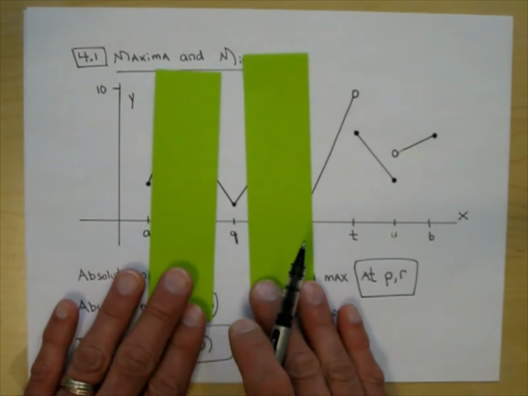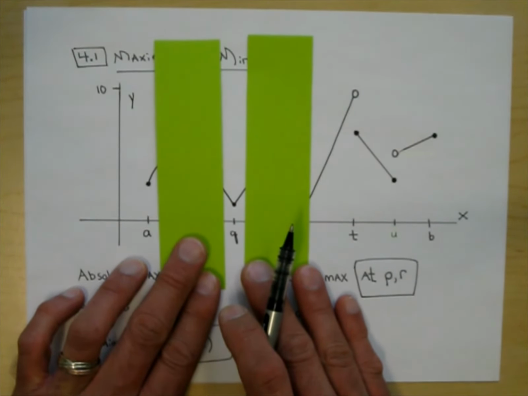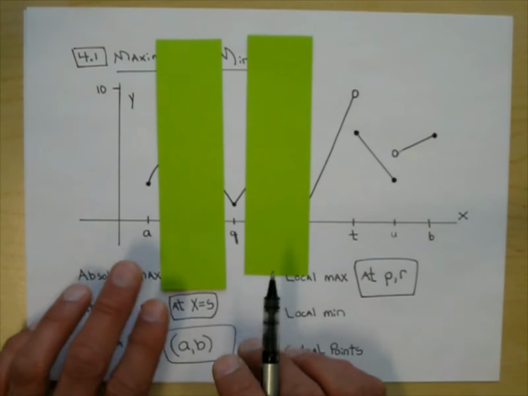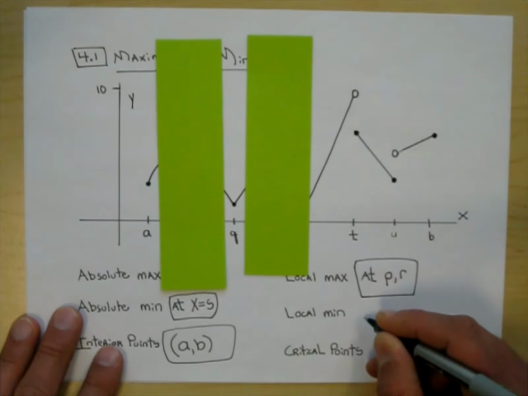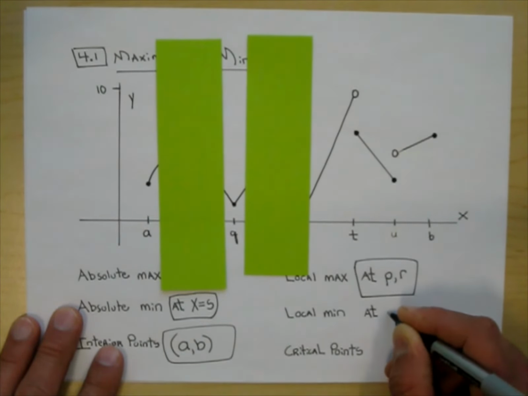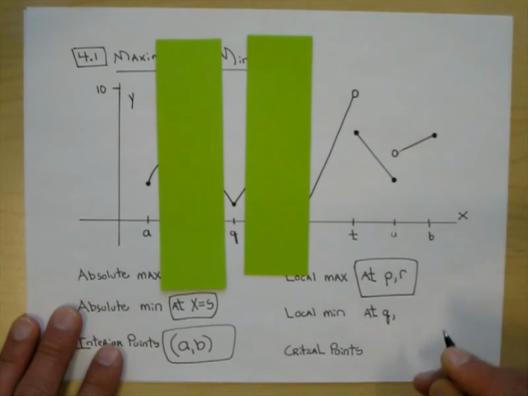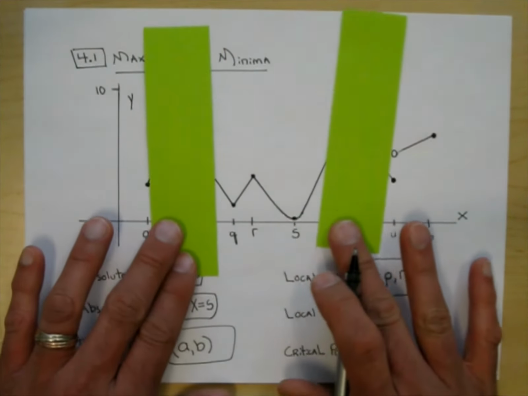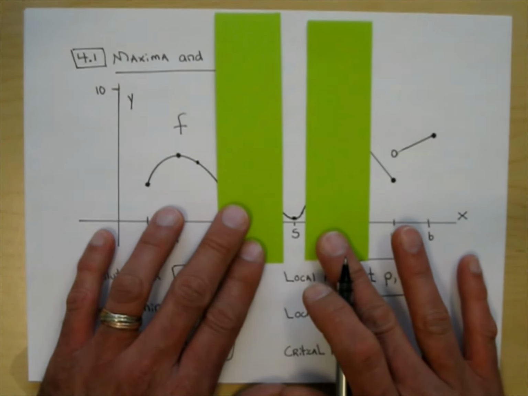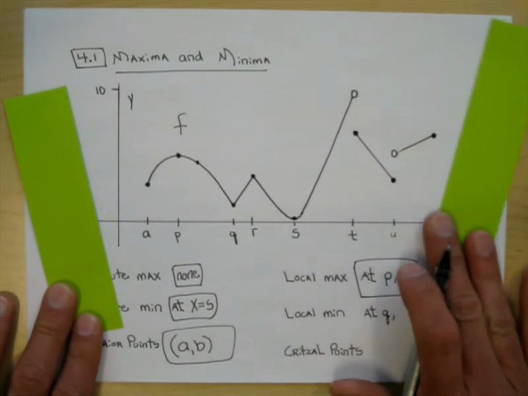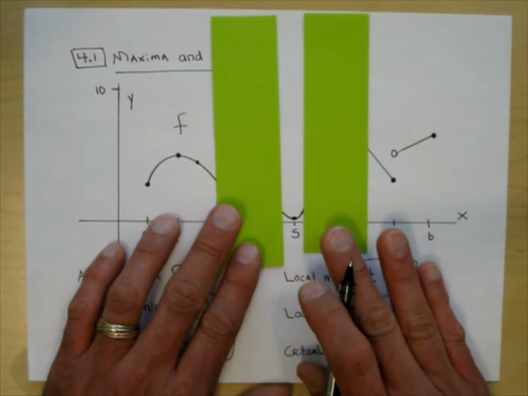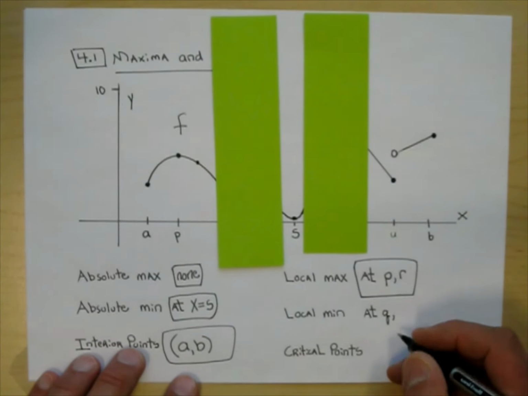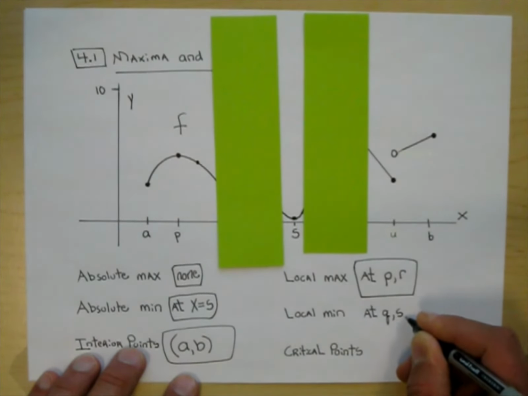But if you just take a sufficiently small neighborhood around Q, he is the minimum of that little neighborhood. So we're going to put him in this list. So we have a local min at Q. Where else do we have one? Oh, look, we have one right there. Okay, so looking at this, we have another bottom of the valley right here at S. So we have one at Q, we have one at S.